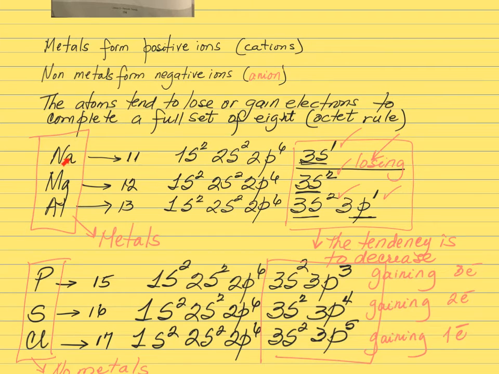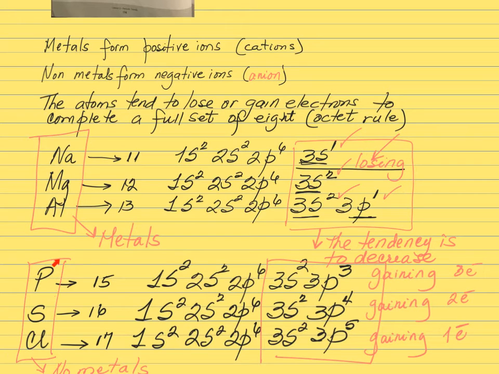So when you are moving from left all the way to right, but you're still within the metals, the tendency of the ionic radius is to decrease, because they're going to be losing more electrons as you move from left all the way to the right.